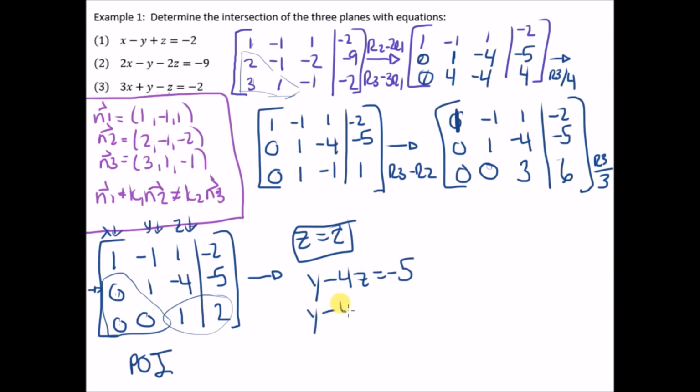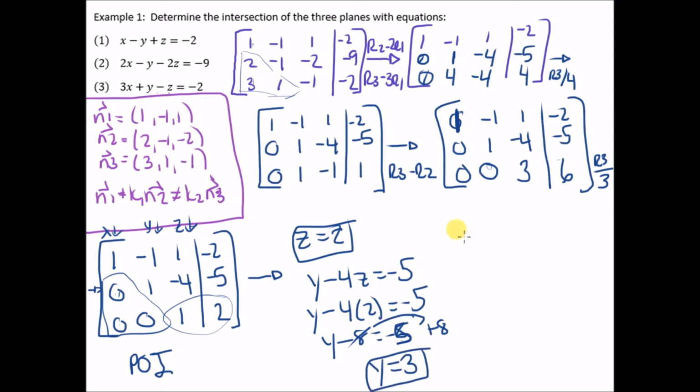In other words, y minus 4(2) equals -5. y minus 8 equals -5. Okay, bring the 8 over, it becomes positive 8. I get y equals 3. Okay, and then row 1, we can rewrite row 1 as basically the original up here. x minus y plus z equals -2.